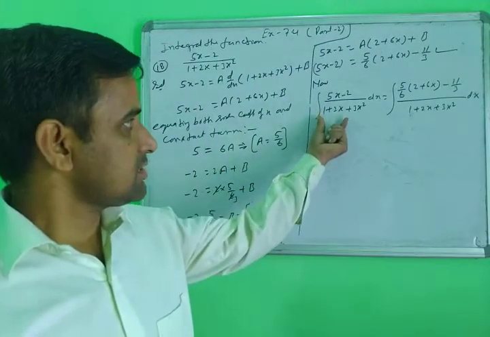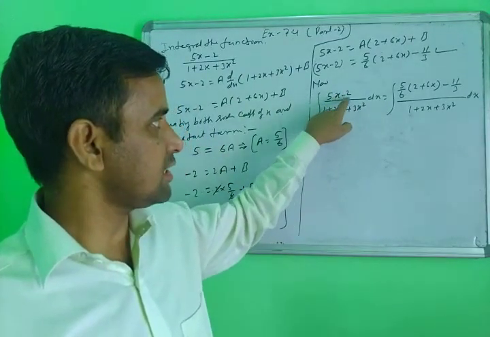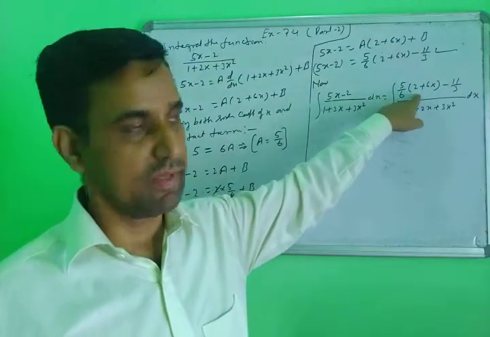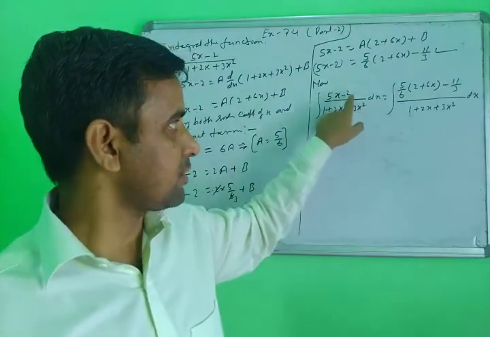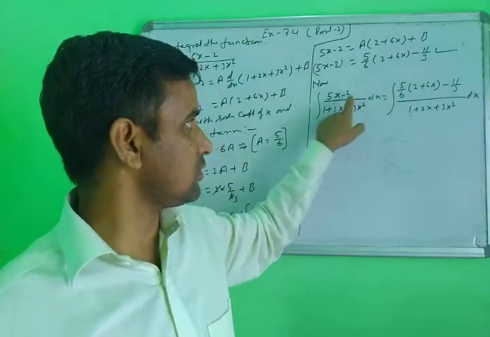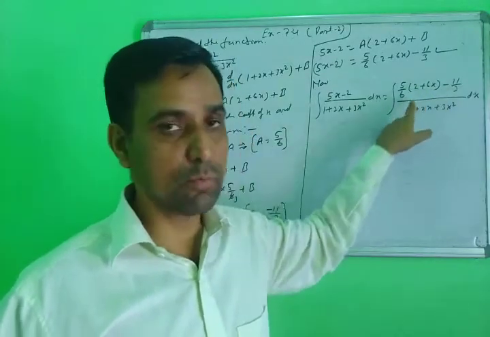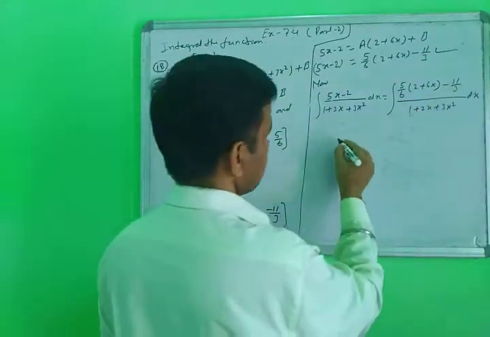This 5x minus 2 is converted into this form. The denominator is the same, but the numerator has changed. It means we have two functions here, 5 by 6 times 2 plus 6x, and minus 11 by 3. You separate both the functions here. What result comes?